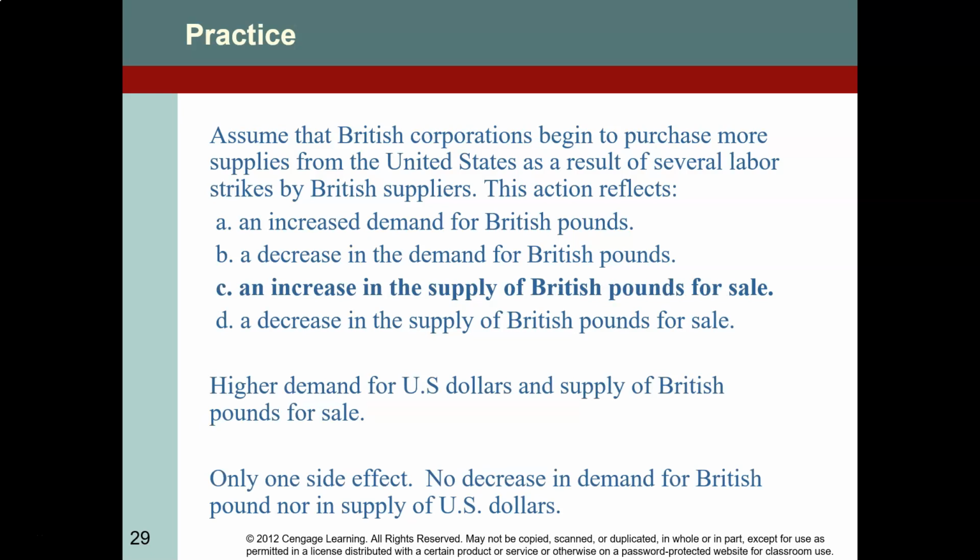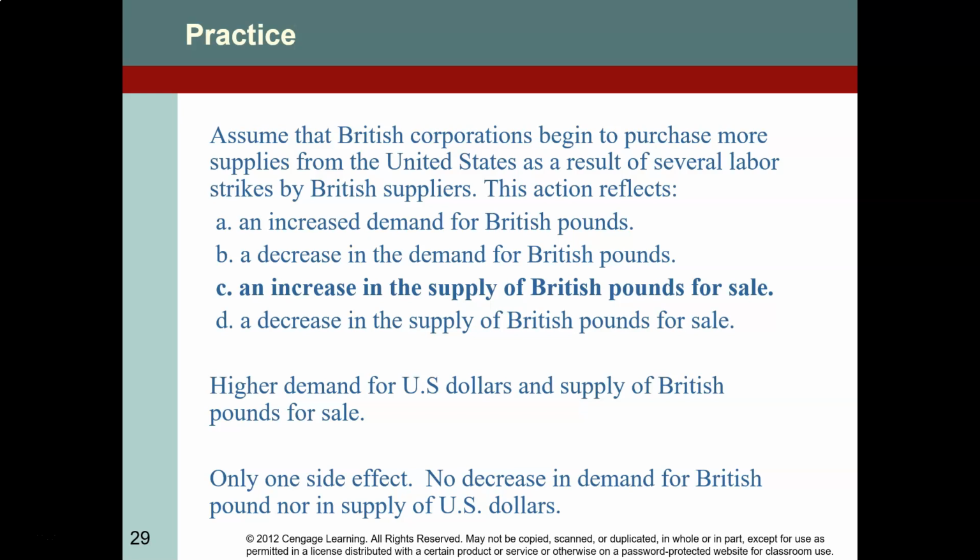An increase in the supply of British pounds for sale, okay, because more British corporations are purchasing more supplies from the US, meaning more corporations in Great Britain are trying to purchase US dollars. They're exchanging British pounds for US dollars.